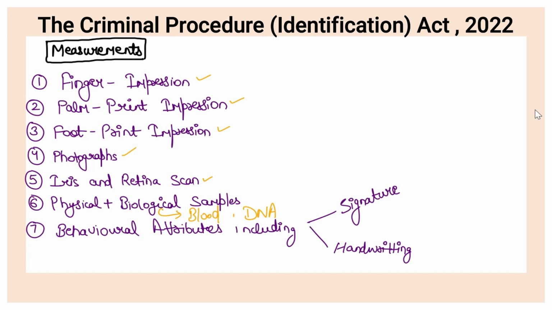Then another one is the behavioral attributes, which will also include signature and handwriting. So the question is, do you need to remember, do you need to cram all of these names? My answer is no, that is not required. When they ask you the question in the exam, they will give you options, and since it is an objective paper, questions are obviously MCQ based.